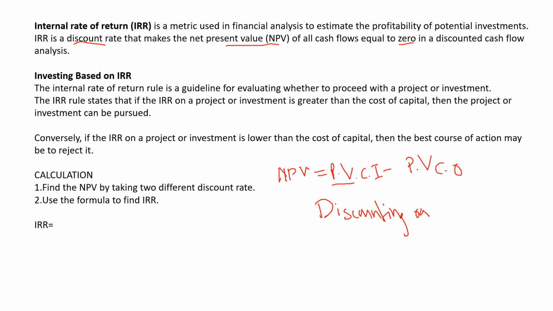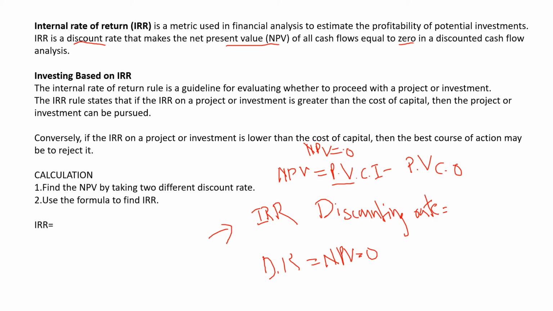So, we will try to analyze the discount rate in the IRR method when this NPV will be equal to 0. Understood?